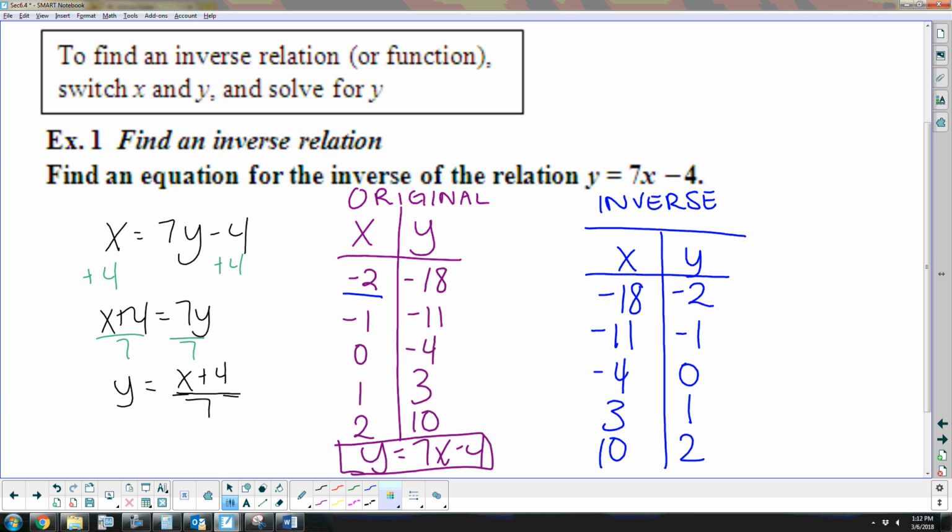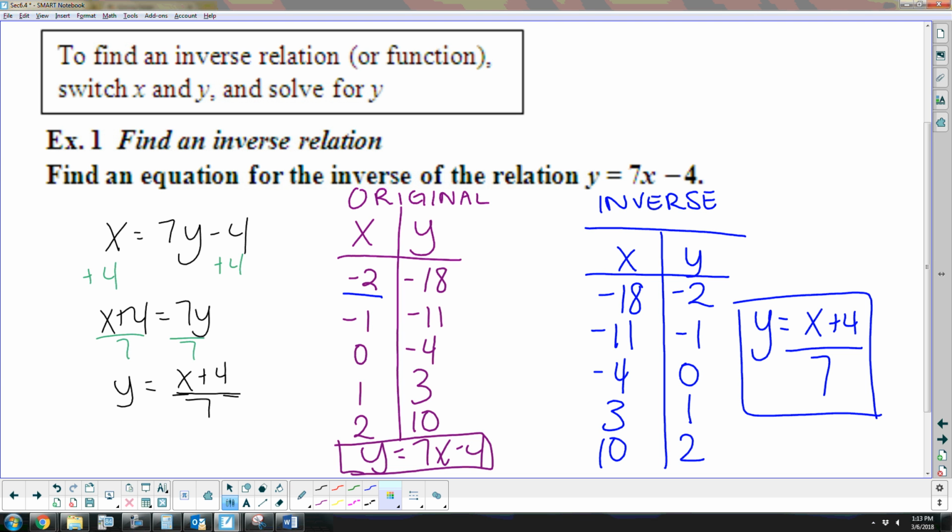Okay, so what were our y values in our original function? The original relation's y values are now our x values in our inverse relation. So if we look at this relation that we just found, y equals x plus 4 divided by 7, that will hold true with these x and y values.